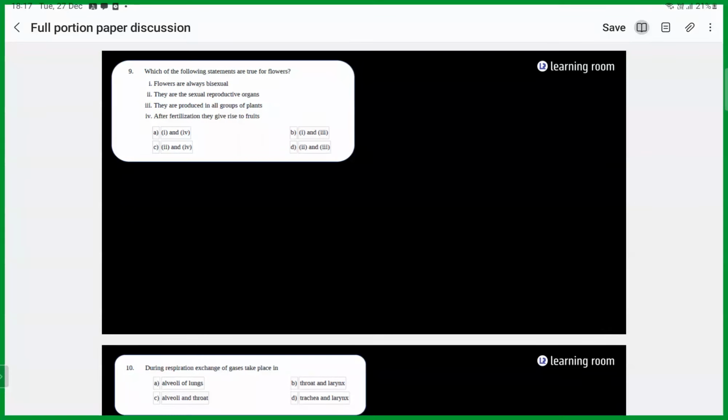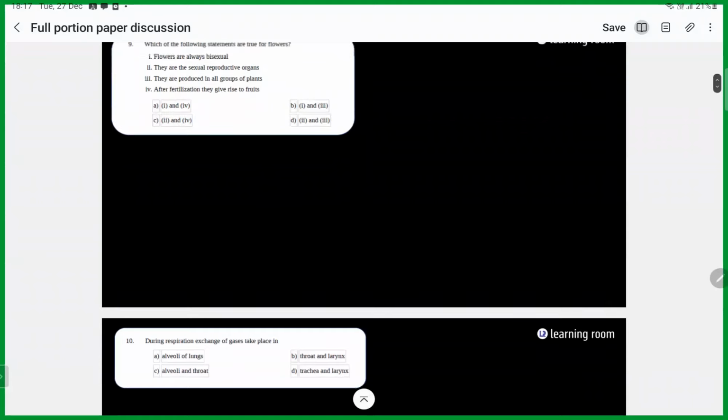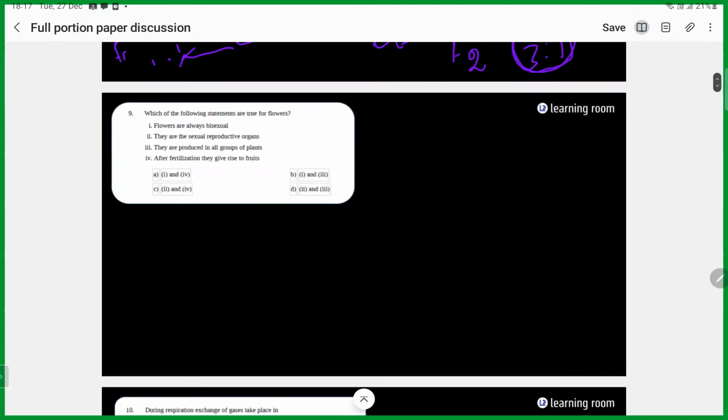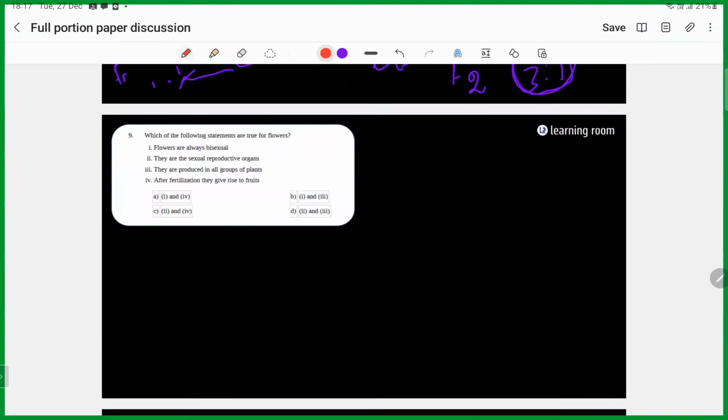True, sir. So flowers develop into fruits. So then what option is correct? C, sir, 2 and 4. 2 and 4 are correct. Okay, fine. Very easy thing. Yes, sir. Okay, good.